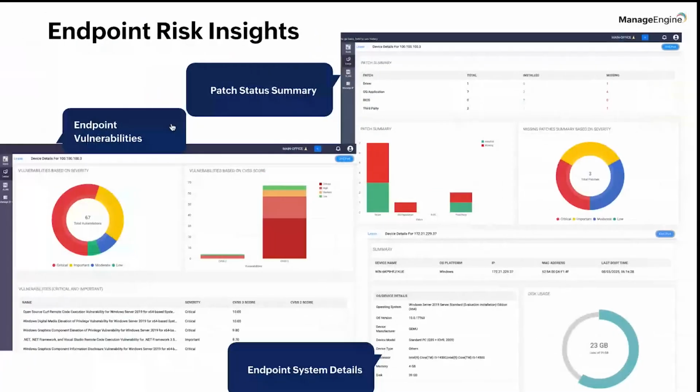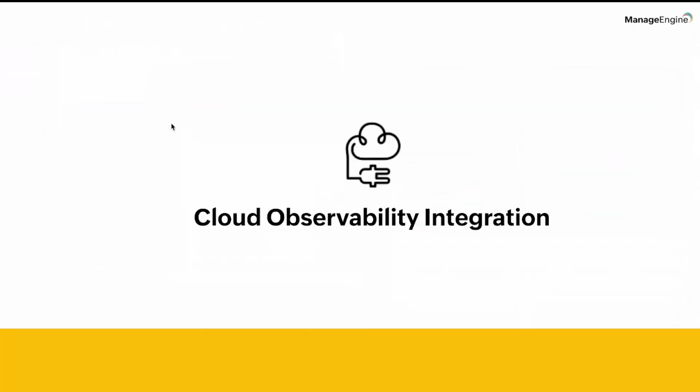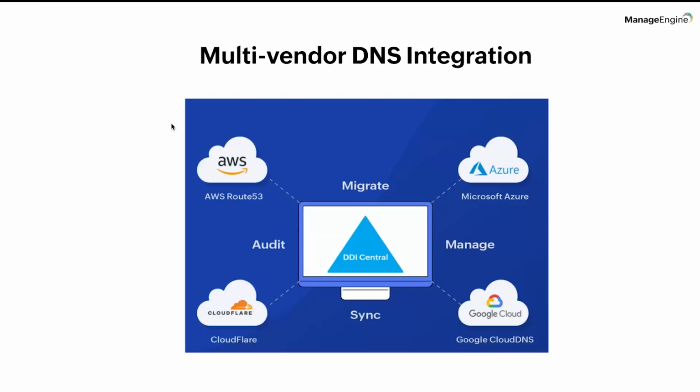And the other major integration that we've introduced is the cloud observability integration. We already had this integration before, but we only managed domain names from prominent cloud providers. But we've introduced cloud observability, where you integrate with AWS and monitor its cloud assets.